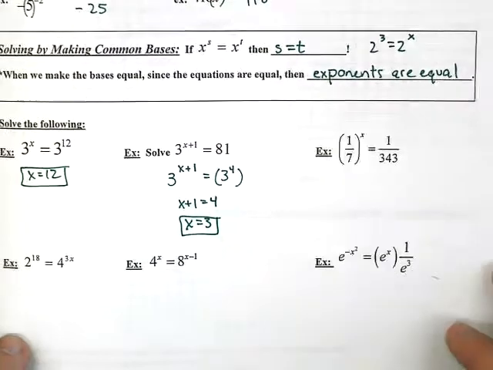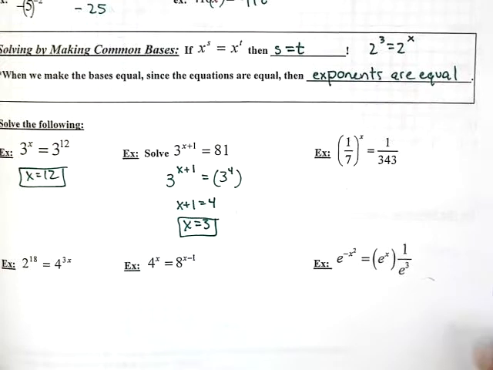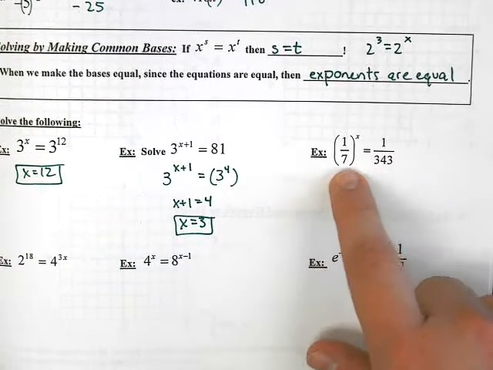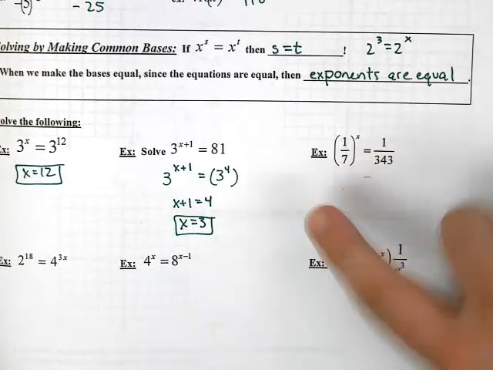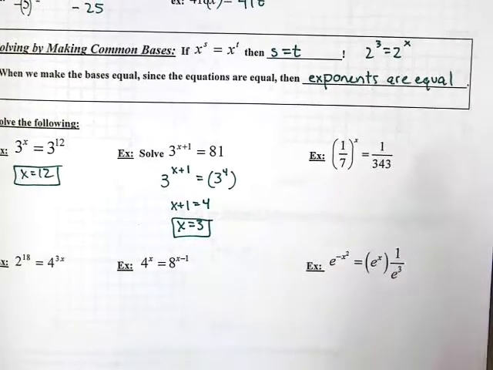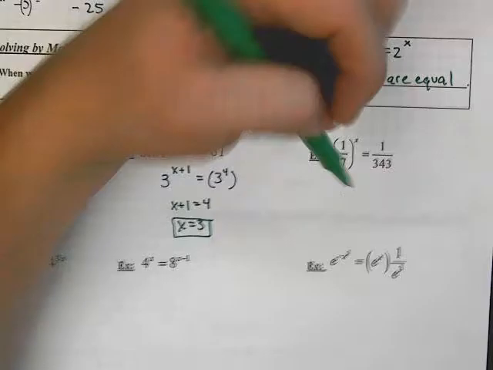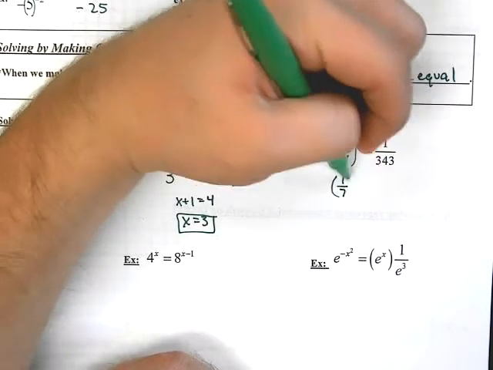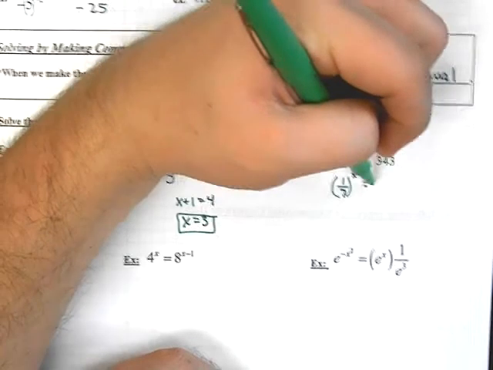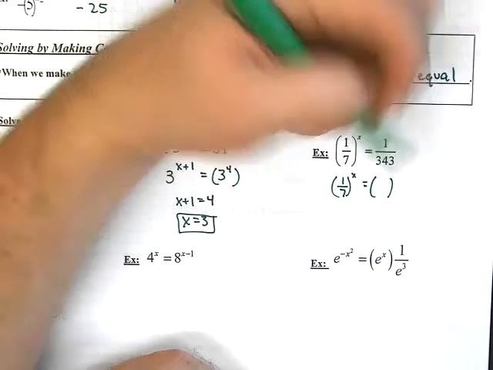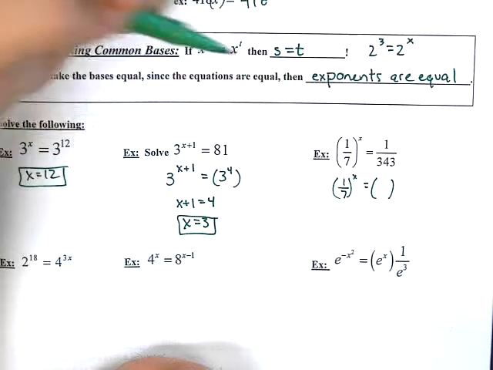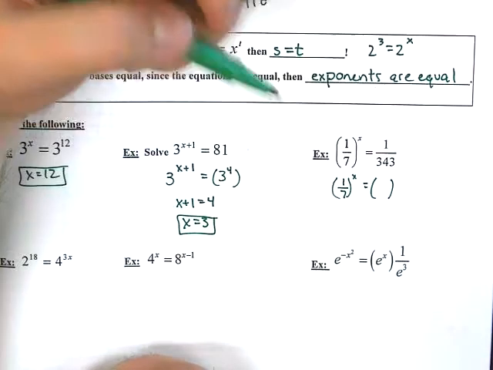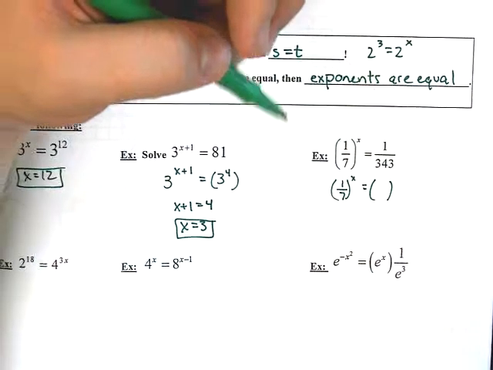For the next one, I'm just going to leave it how it is. If you don't like fractions, you can always bring them both up to the top by changing them to negative exponents. But I know that if I have this 7 in the denominator here, which I'm okay with, I need to see if I can make this 1 over 343 in terms of a 7. Okay, so we can do that.